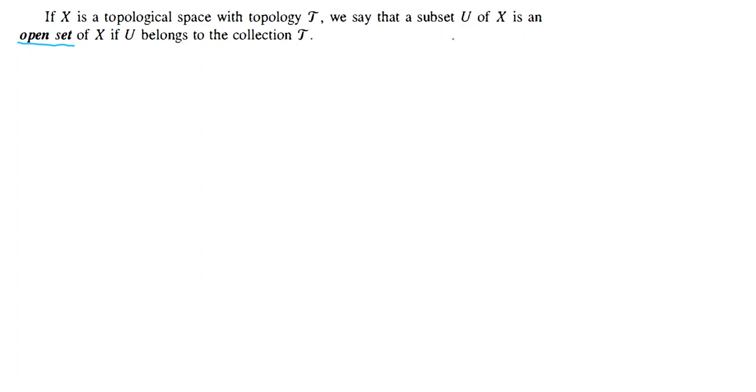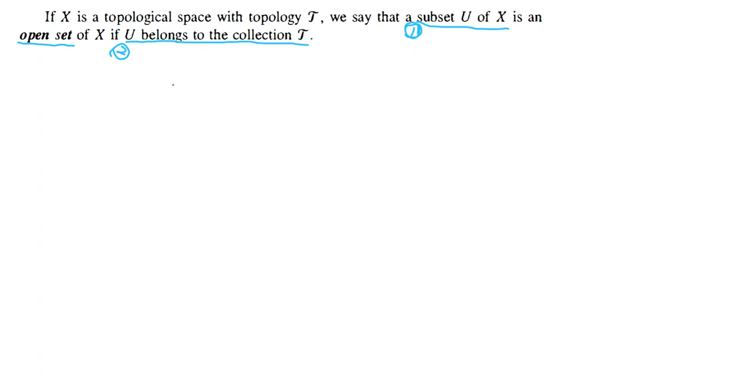The first is that U should be a subset of X. The second requirement is that U should belong to the collection T. So U should be an element of the collection T, and that means U should satisfy the three properties in the definition of the topology T.